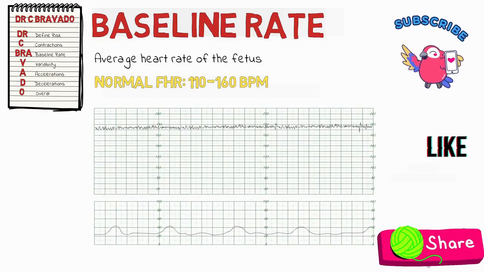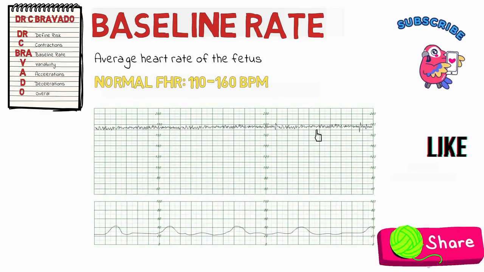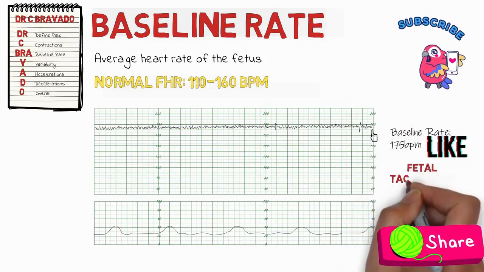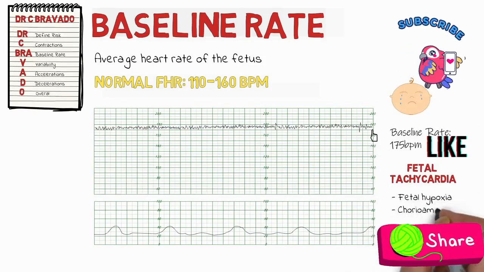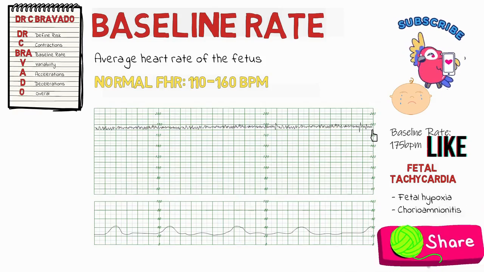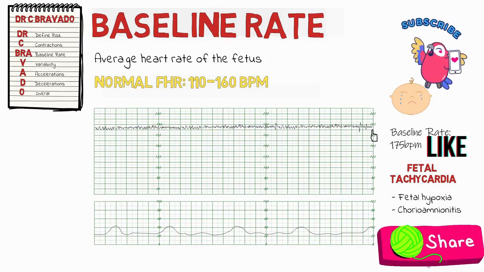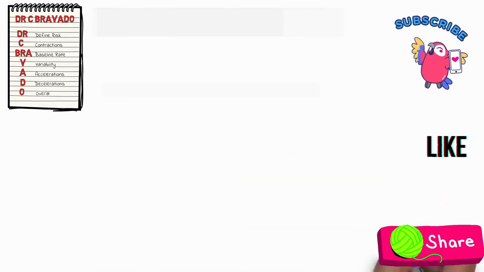In this CTG, the baseline heart rate is around 175 beats per minute, which is above the normal range and referred to as fetal tachycardia. Causes include fetal hypoxia and chorioamnionitis. In fact, we always check maternal temperature in these cases because if febrile, this is a further pointer towards possible chorioamnionitis.